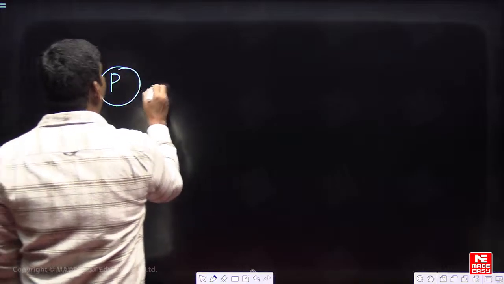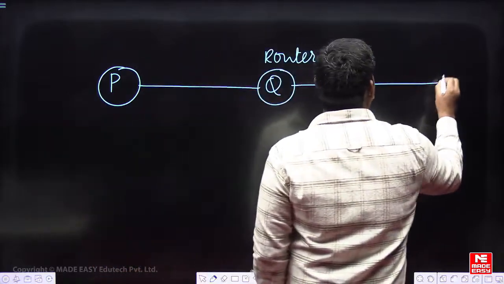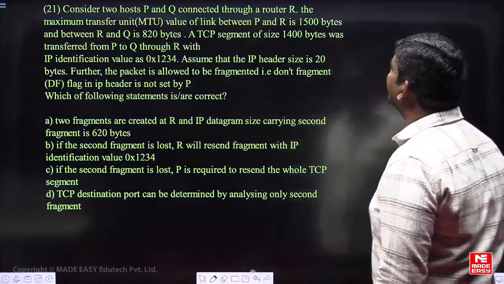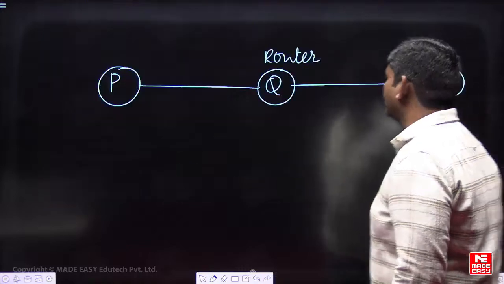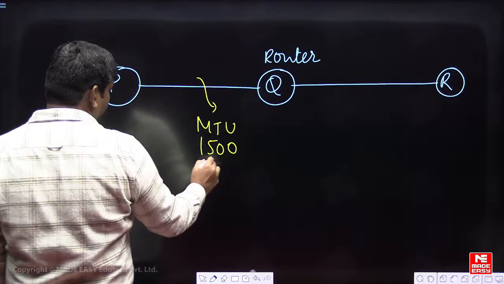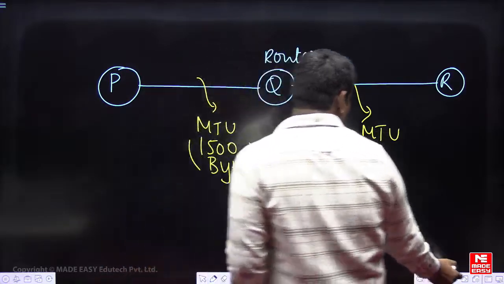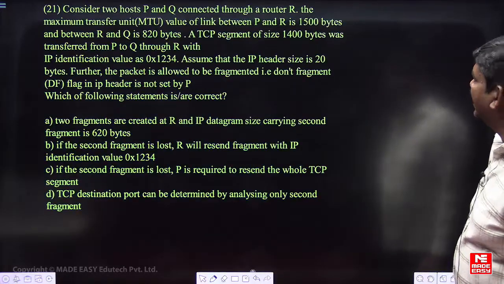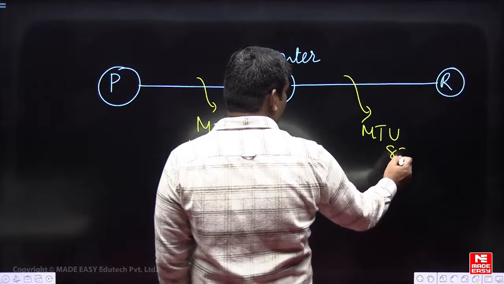P is a node, and here Q is a router, and basically this is the AND system, suppose R. The maximum transferable unit of the link between P and R is 1500 bytes, and here the MTU value given in the problem is 820 bytes.